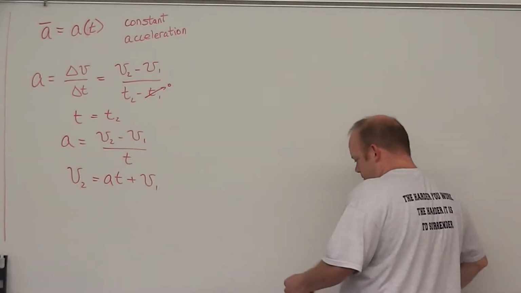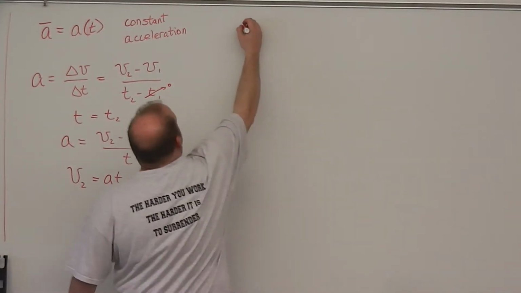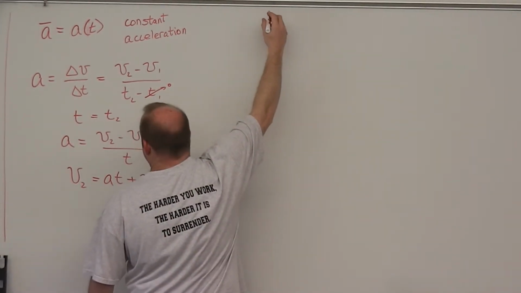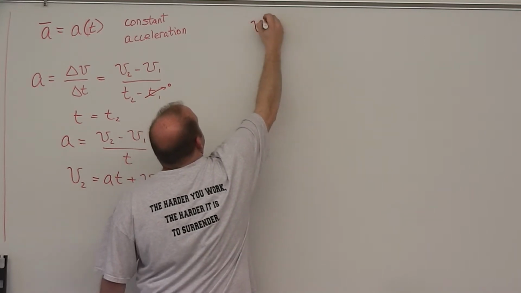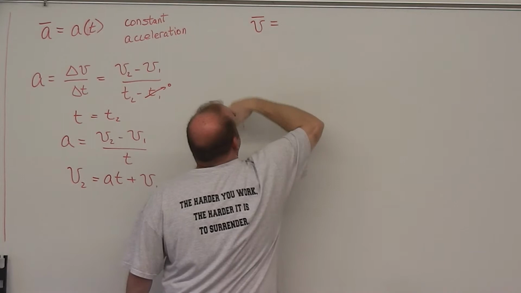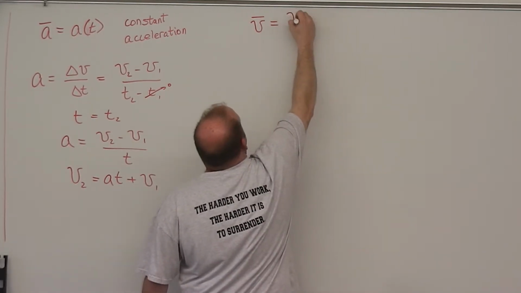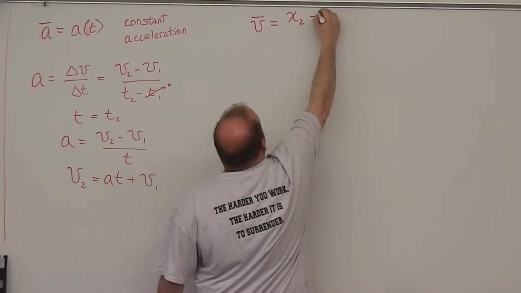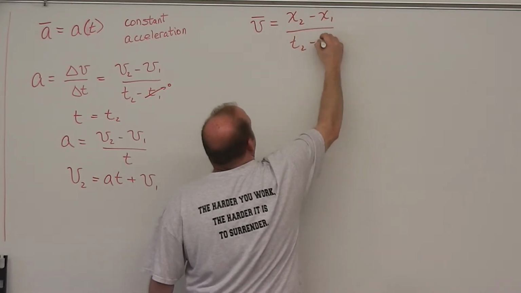Now, position, something different happens. I have my average velocity is equal to, very similar to what we had before, x2 minus x1 over t2 minus t1.